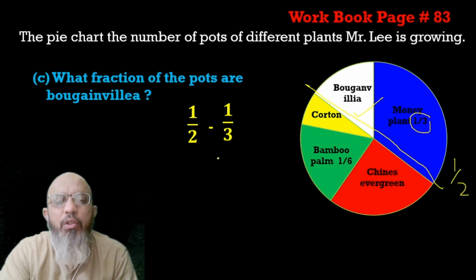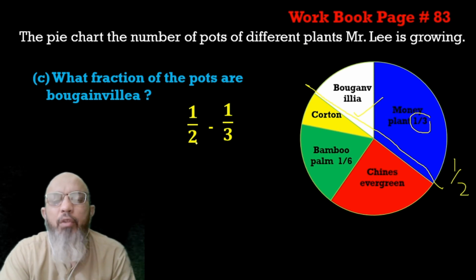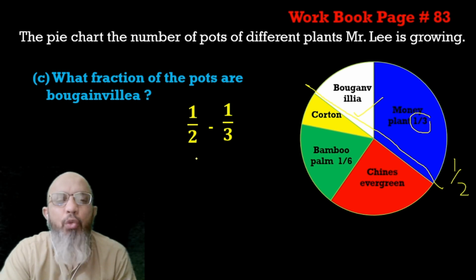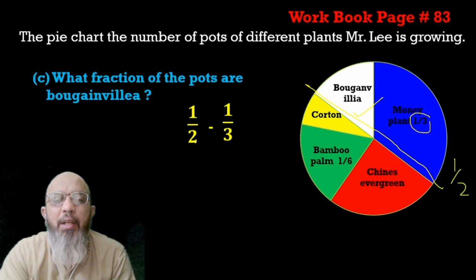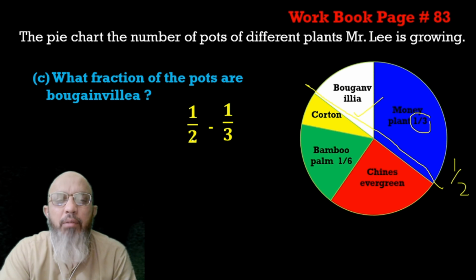So how can you subtract these two values? We will make the denominators the same, or the other way, you can take the LCM. It's up to you which method you choose. I will make the denominators the same. So how can you make them? I will multiply 3 with both terms. 3 ones are 3, 3 twos are 6, minus, we will multiply 2 with both values. 2 ones are 2, 2 threes are 6.